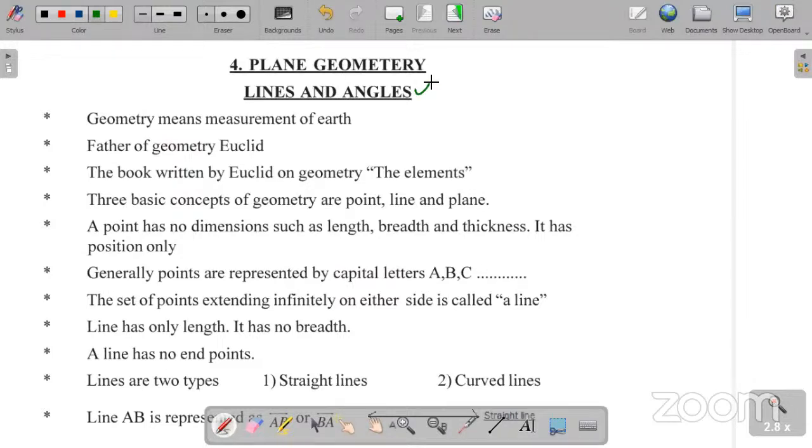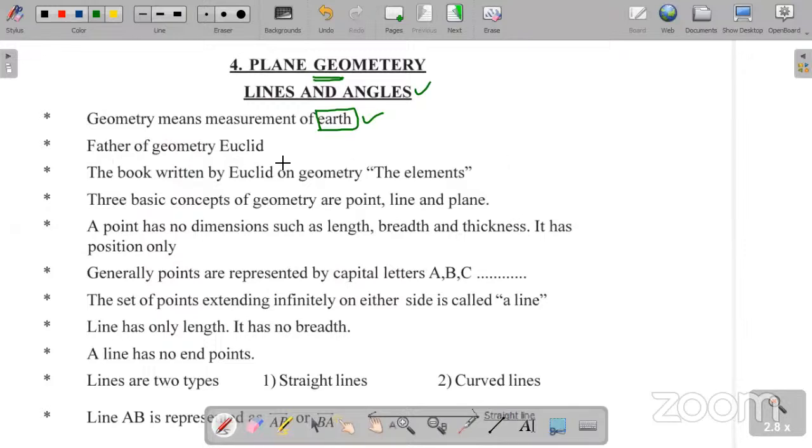Geometry means measurement of the earth. Geo means earth. So geometry means measurement of earth. That means the earth consists of several geometrical figures, so we shall discuss their properties and everything in plane geometry.